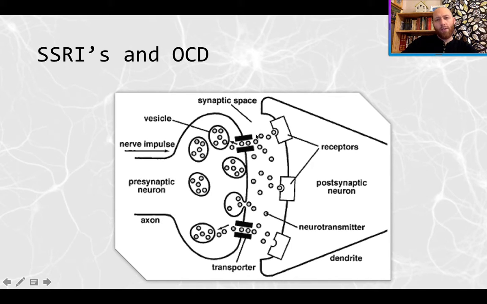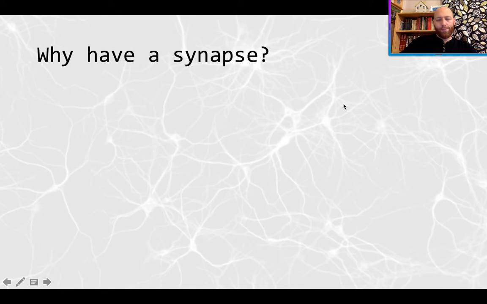So by increasing the amount of serotonin in the system, it's having an overall dampening effect, reducing the obsessions, and therefore reducing the anxiety associated with those, and thus reducing the need to carry out your compulsions to alleviate that anxiety. So it's an ingenious system at work.